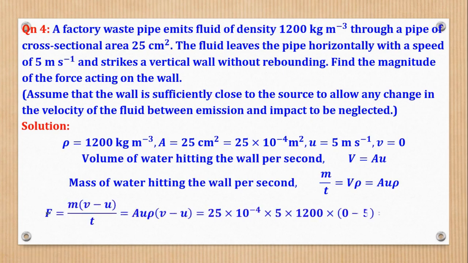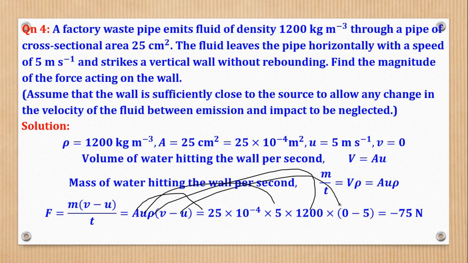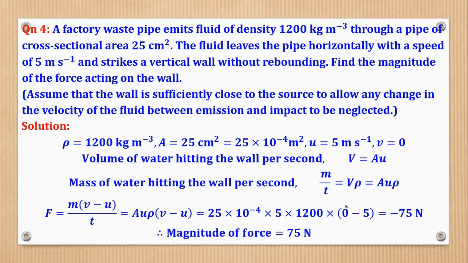Therefore, force is equal to change in momentum over t. Now this m/t is catered for by this, and you remain with change in velocity, which is here. After which you substitute area, velocity, density, and change in velocity to give you that as the force. So the magnitude will be 75 newtons.